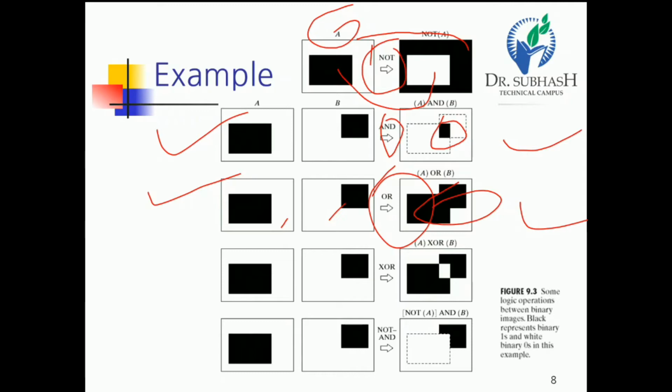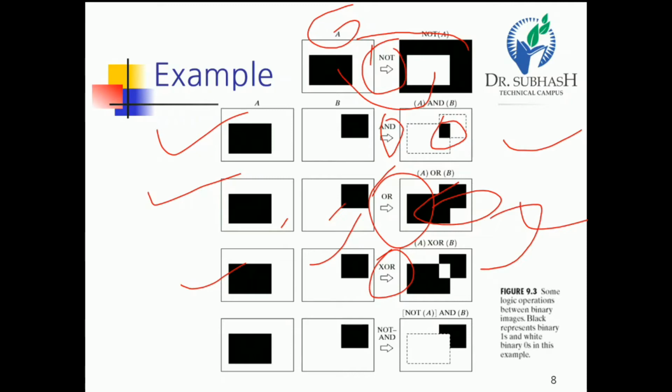The third one is, in a similar way, the value of A and the value of B, and we perform the XOR operation. XOR is nothing but the complement of the OR operation. Otherwise, the output of the OR gate is given to a NOT gate, so we get the complement of the OR gate.